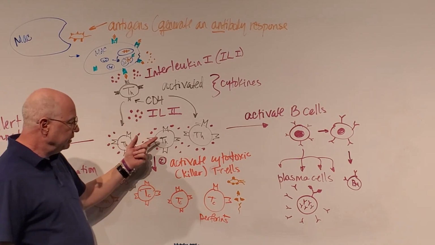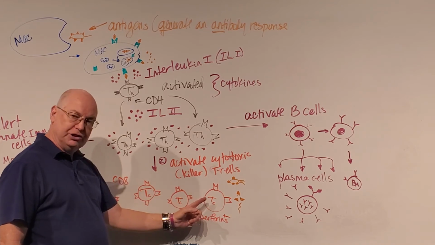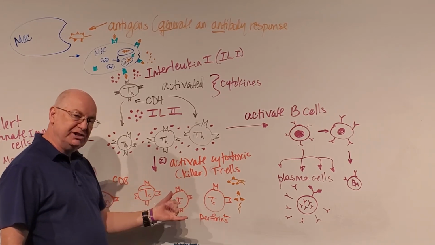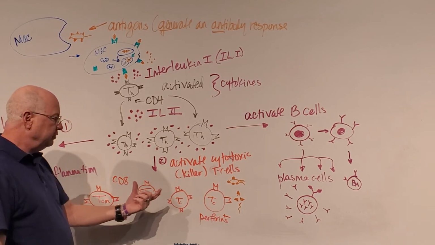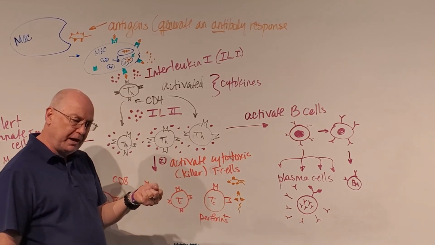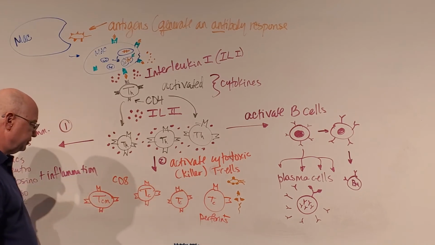But some of them will activate another group of T cells called T killer cells, or cytotoxic T cells, also called CD8 cells because the protein in their membrane is CD8. And those cytotoxic T cells will bind to the foreign pathogen and start poking holes in it with proteins called perforins.